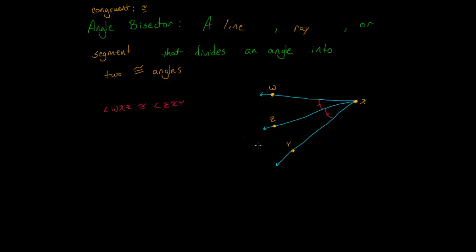You can also name that YXZ, or ZXW. It doesn't matter as long as you properly name them, starting with an outside point, going to the vertex, and to another point on that angle.